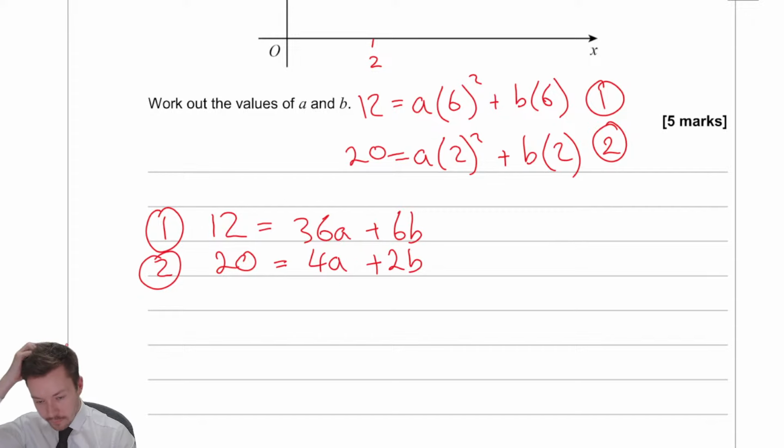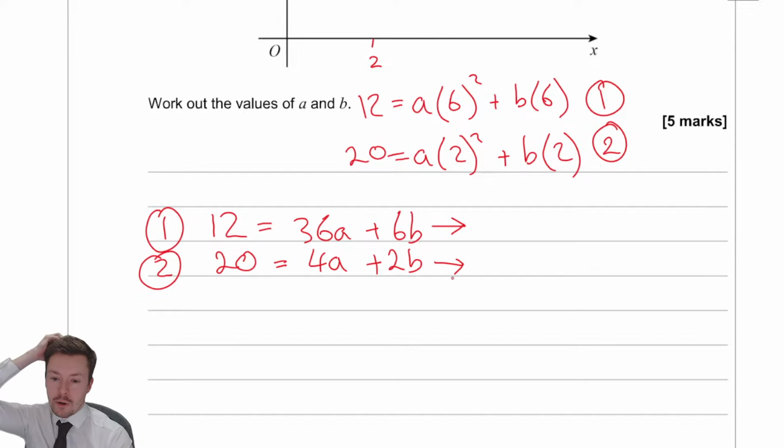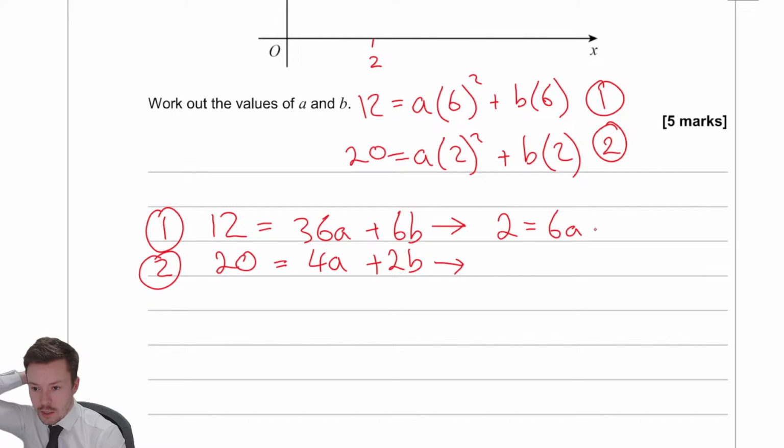Then this one I can divide by 6 everywhere, and this one I can divide by 2 everywhere. So divide by 6 here, I'm going to get 2 equals 6a plus b.